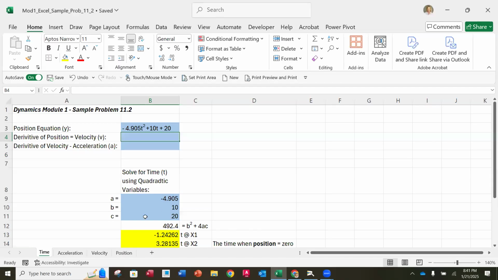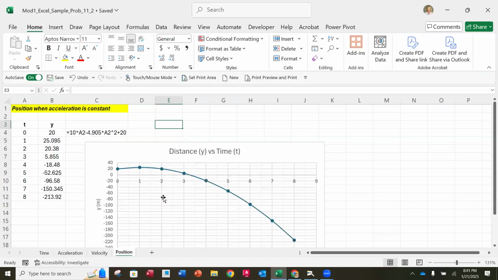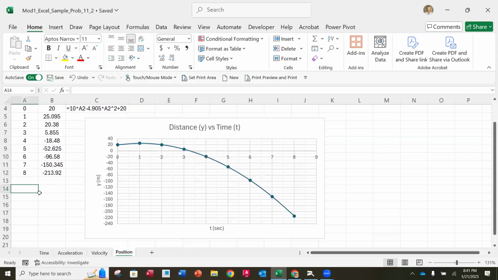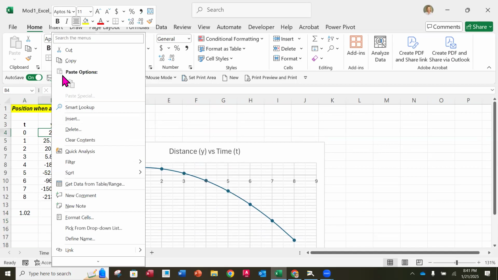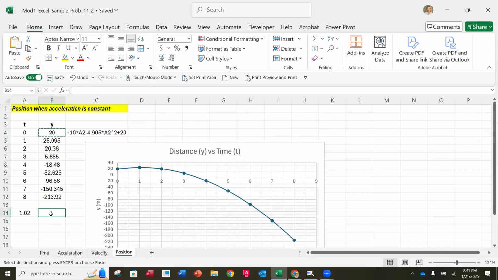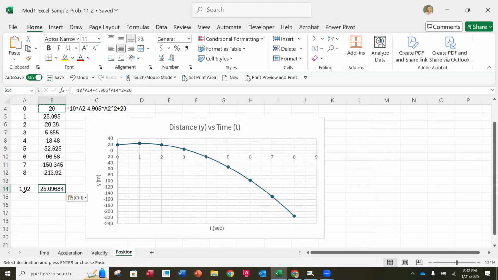So if we go back to Excel and go to our position, we can add a time of 1.02 seconds, right? And I am going to copy that cell that was at the top and paste it right there. And we should get a value then. This is going to be my elevation of 25.09 or 25.1 meters above the ground.